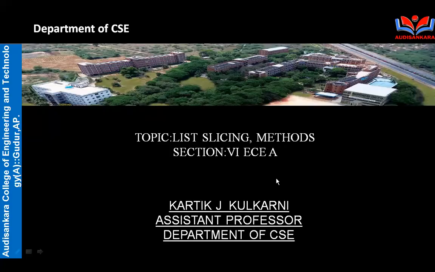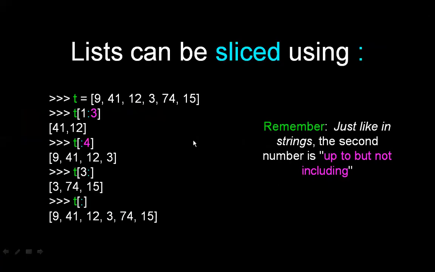Today's class is about how a list can be sliced. This is one of the most important topics, which each and every student has to know. First of all, you should understand what we mean by slicing. In the general meaning, slicing is nothing but to cut. If I want to retrieve the sub content of the main list, I will be using the slicing concept.